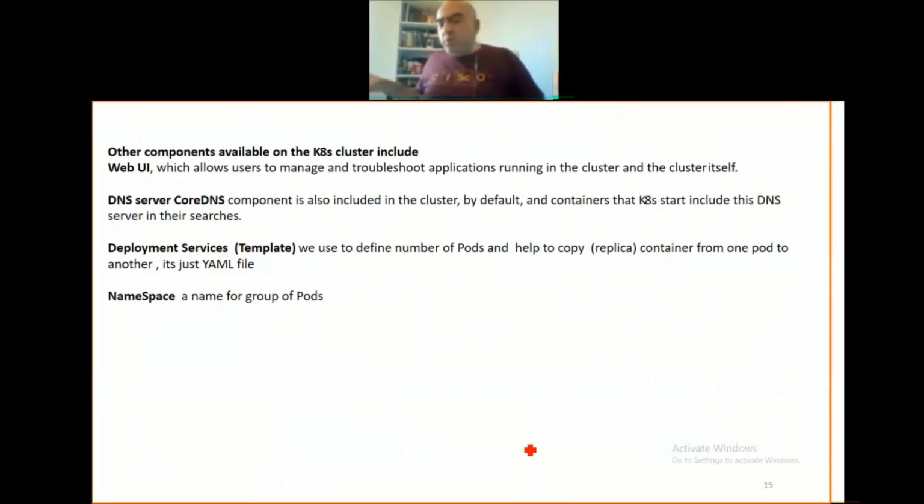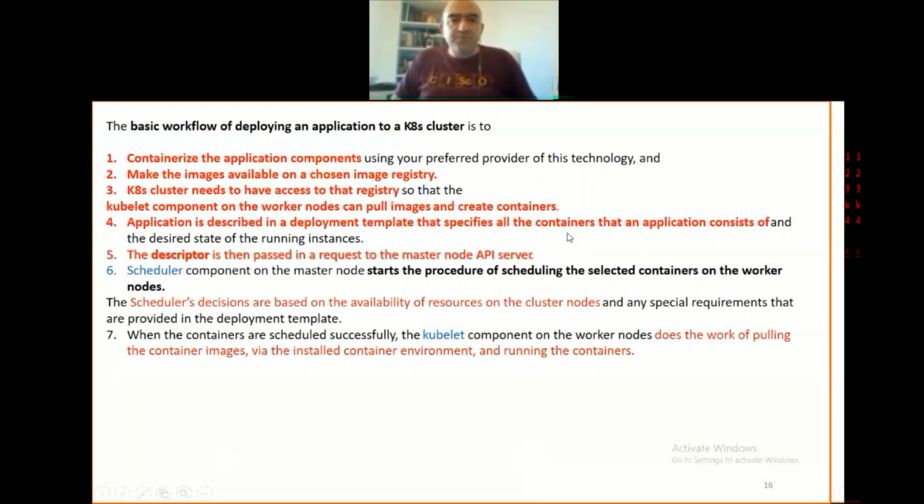We have other components: namespaces, deployment, services, DNS server capability, the graphical user interface. So the basic workflow of deploying an application in a K8s cluster is to containerize the application components, and make the images available in an image registry for these containers that you would like to create.